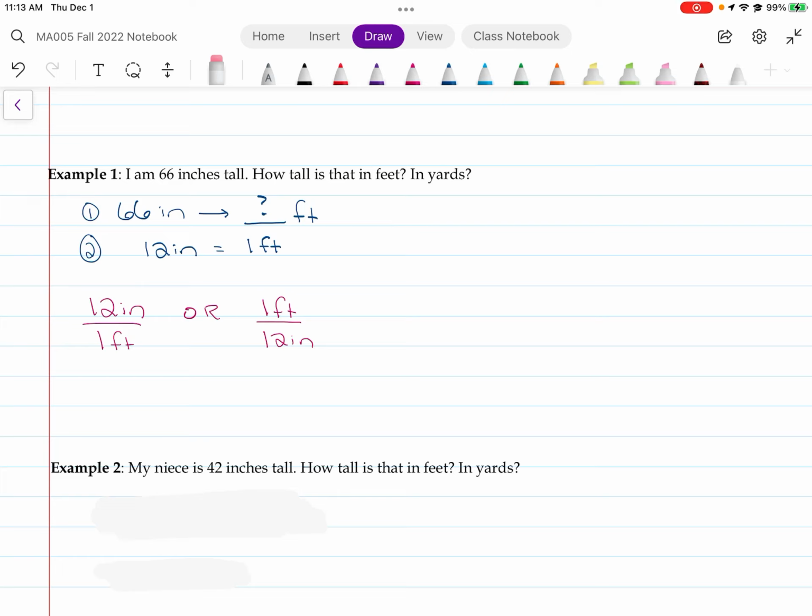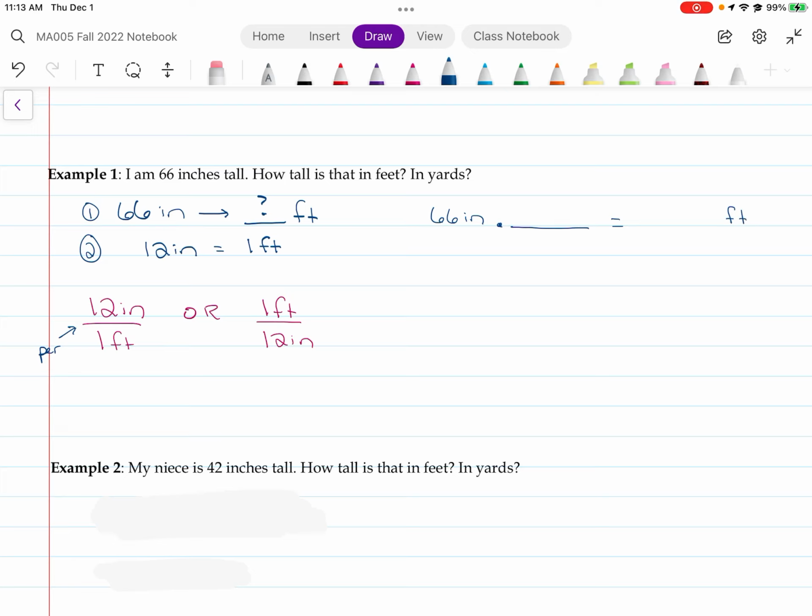So you've got to decide which one. They're both true. And we usually say this right here as per. There's 12 inches per 1 foot. All right, so we're going to start by writing what we're given, 66 inches, and we're going to say times, and this is going to be our conversion factor. And then we're going to hopefully get to feet, going from inches to feet.